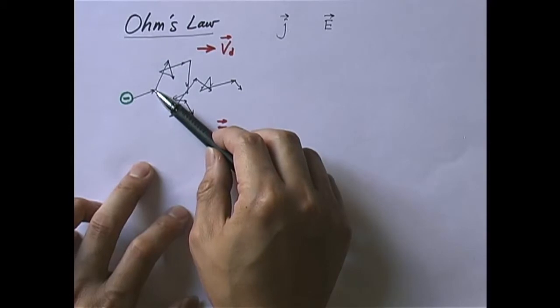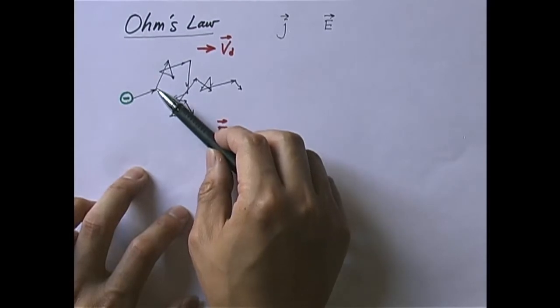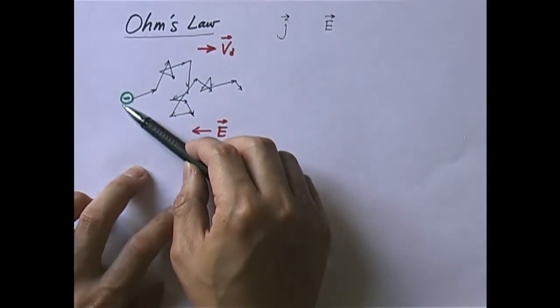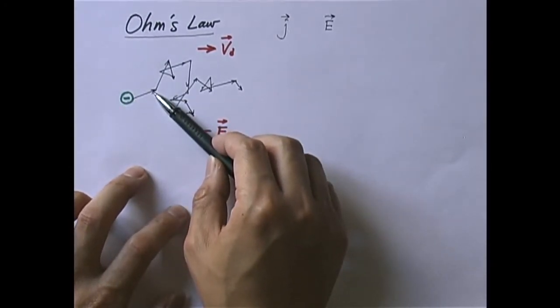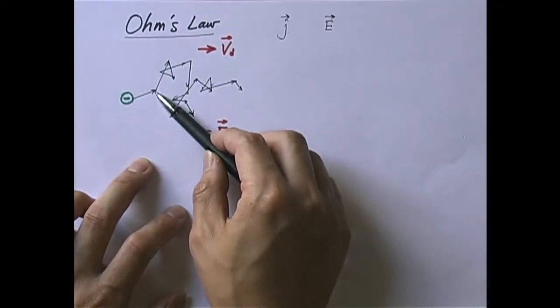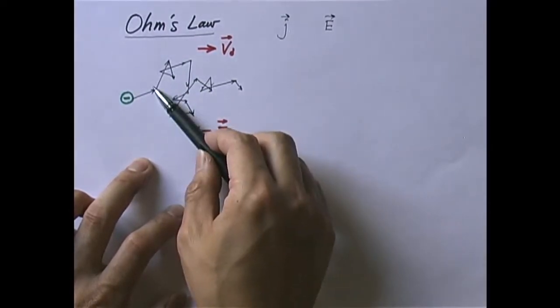After a collision, the collision is random, and therefore after the collision, on average, the electron pretty much had to start anew. It has lost its memory. It didn't remember how fast it was moving before because the collision is random. So say it goes that way. Between here and there, again, it's mostly random motion velocity, but the electric field will accelerate it a little bit.